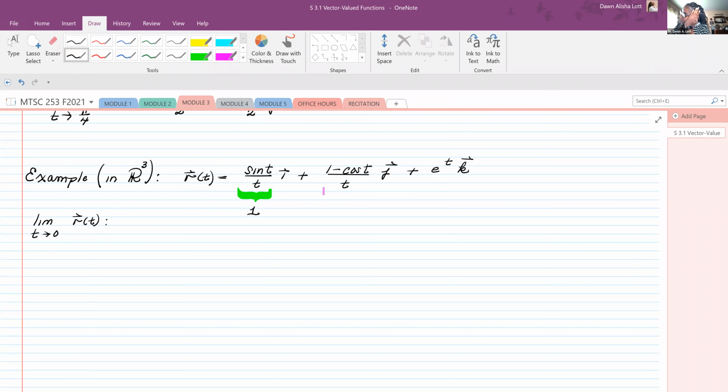And this limit as t goes to 0 is actually 0. And this limit as t goes to 0 is 1. So this turns out to be i plus k.